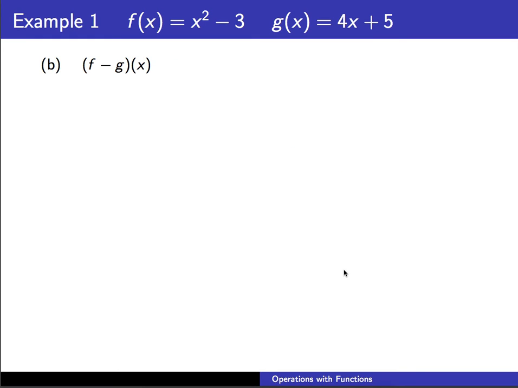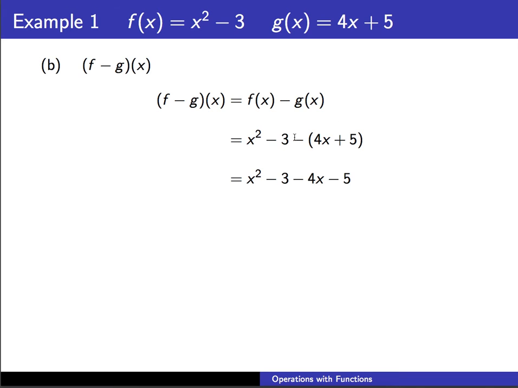Part B, f minus g of x. Again, I just wrote these up here in the header to not have to remember what they are, but it's going to be f of x minus g of x. Now, because we are subtracting g of x, and g of x has more than one term, we have to put that g of x function inside parentheses. So f of x is x squared minus 3, and then minus, in parentheses, the 4x plus 5 for g of x.